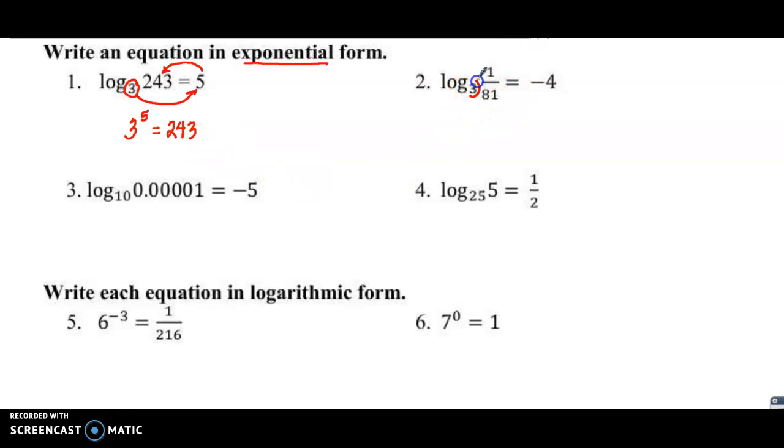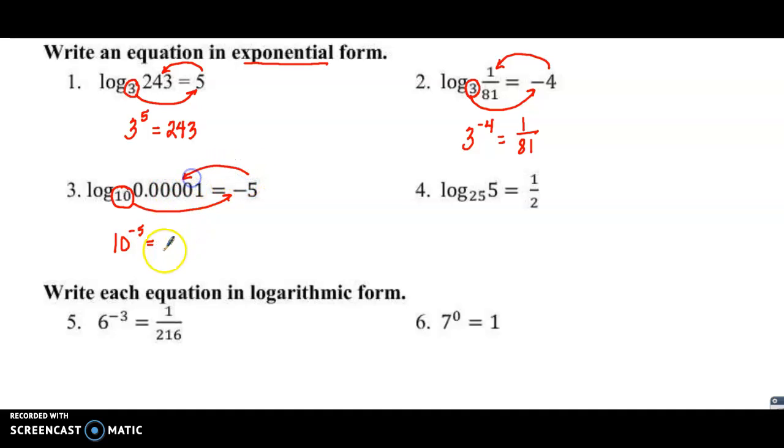So with number 2, we're going to start with our base of 3. It will be raised to this power, -4, equals this stuff, 1 over 81. Same thing here, even though we have decimals, not a problem. Base of 10 raised to this power, -5, is equal to all of this stuff, 0.00001.